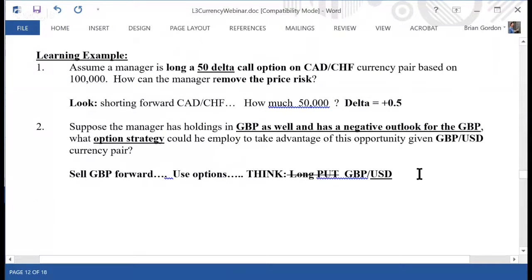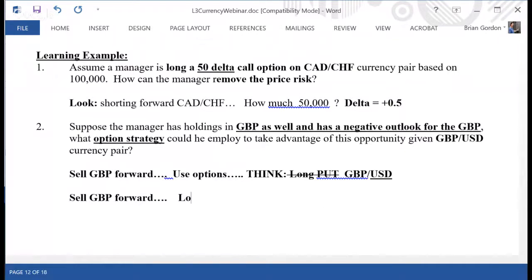That will not be our strategy given the currency pair. So what am I going to do for this currency pair? Well, I want to sell the British pounds forward. And how can I accomplish this?